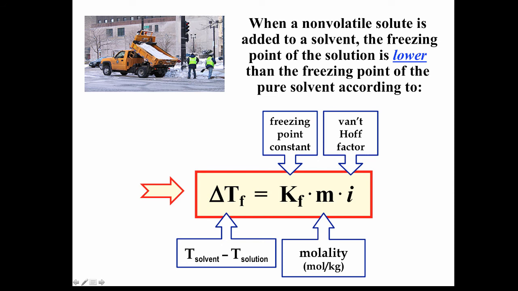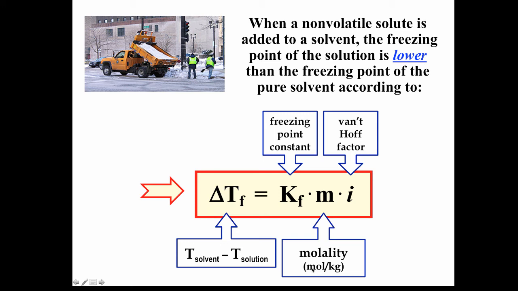Van't Hoff factor, and this is something that is needed to take into account the fact that in some solutions, when they dissolve, the amount of solute actually makes more pieces, more total particles. And so, for example, if we have a molecular compound, 1 mole of that compound makes 1 mole of particles when it dissolves.